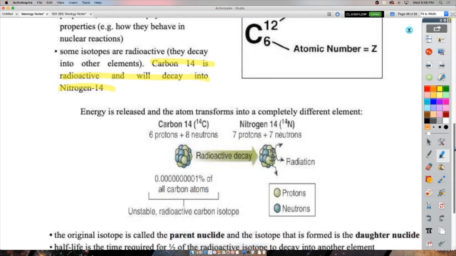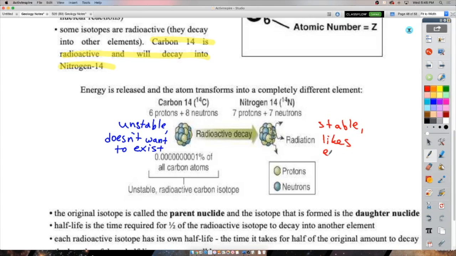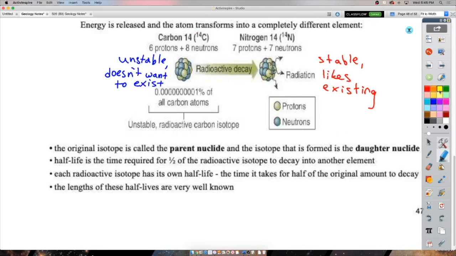That's kind of just what they're showing here. Notice how we had carbon 14 and it decayed into nitrogen 14, which is stable. So this guy, unstable, doesn't want to exist. So what does it do? It decays into nitrogen 14, which is stable and is just fine with existing. So when an unstable nuclide becomes a stable nuclide, we call that process again radioactive decay.